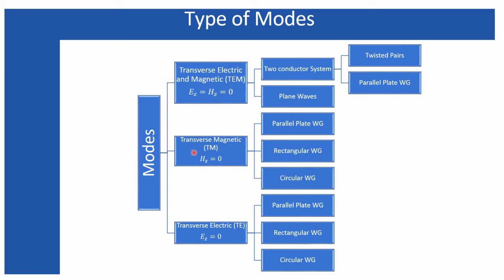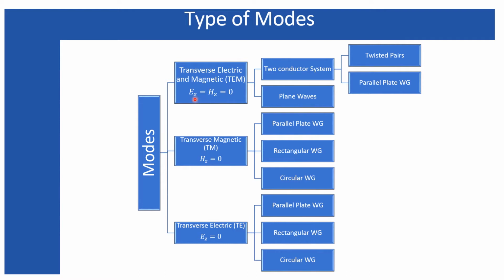Similarly, for the transverse magnetic mode, only the magnetic field is zero along the direction of propagation. Therefore, the z component of the magnetic field will be zero, and that is true for the electric field when we discuss the transverse electric mode. The TEM mode can be present in a medium that consists of two conductors separated by some dielectric medium.